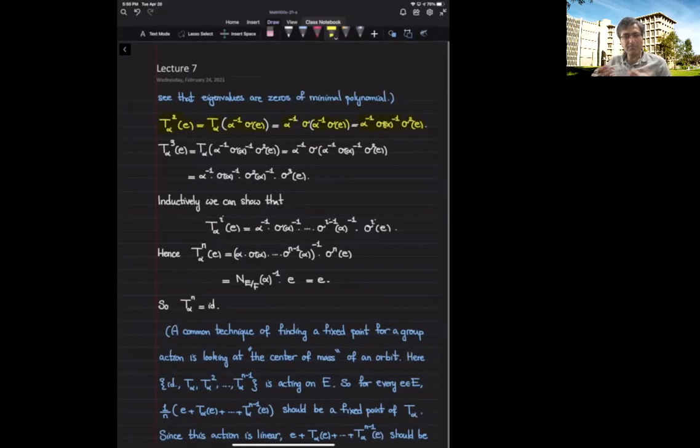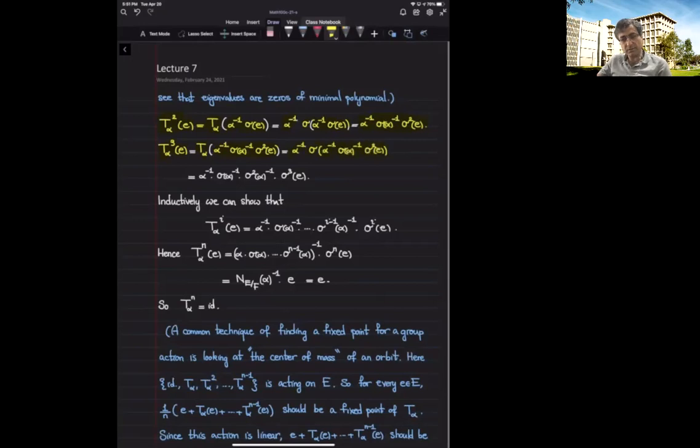So it seems that each time I'm going to multiply by some element inside E, and then apply a larger power of sigma. Let's check this by computing T sub alpha to power 3. T sub alpha cubed applied to E means I need to apply T sub alpha to what we had earlier. Now T sub alpha means I multiply by alpha inverse and apply sigma to whatever we had. Sigma is an automorphism of the field, so I need to apply sigma to the first term and to the second term.